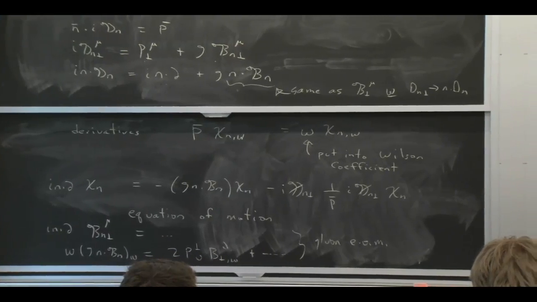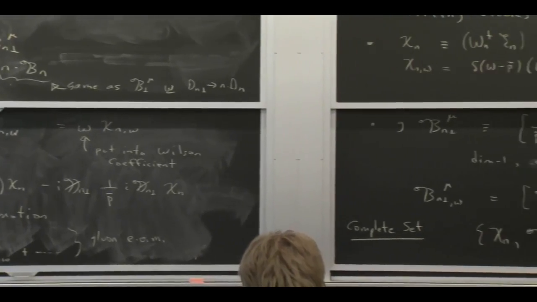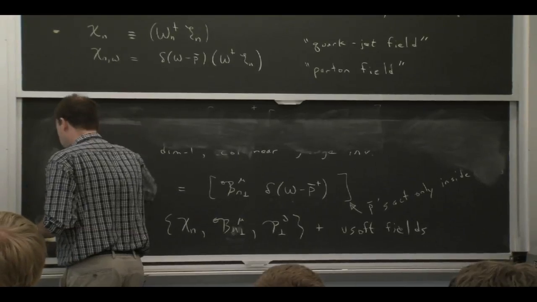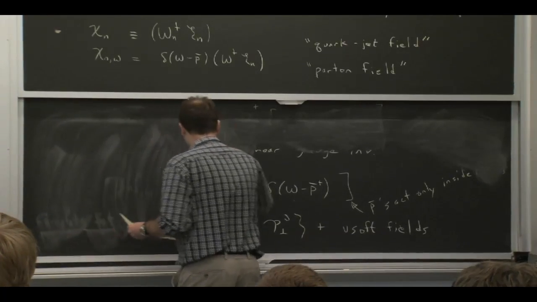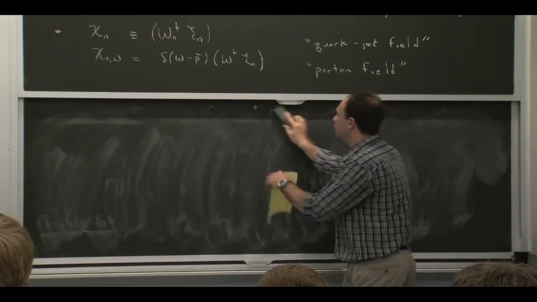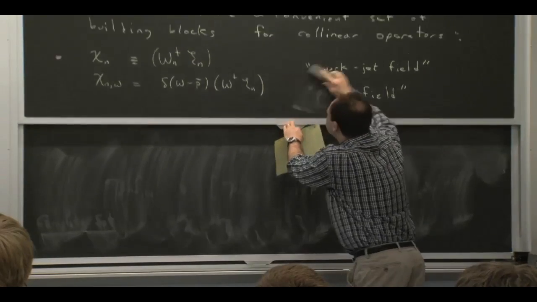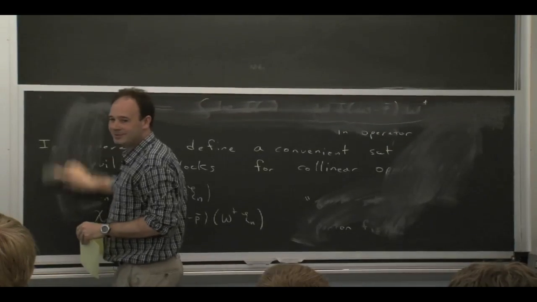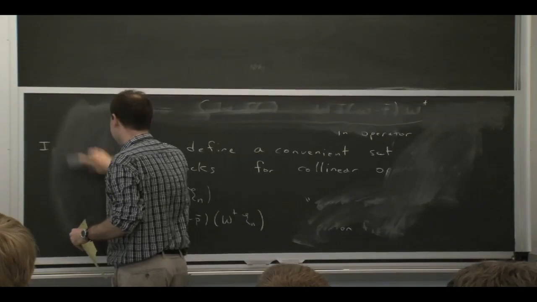And any other thing that you might dream up can be reduced to these objects. So I'm not saying that I went through a complete list here. For example, what if you had a commutator of two D n perps? You might say, oh, that's some new thing. It's not. It's one of these. You can also reduce that too.